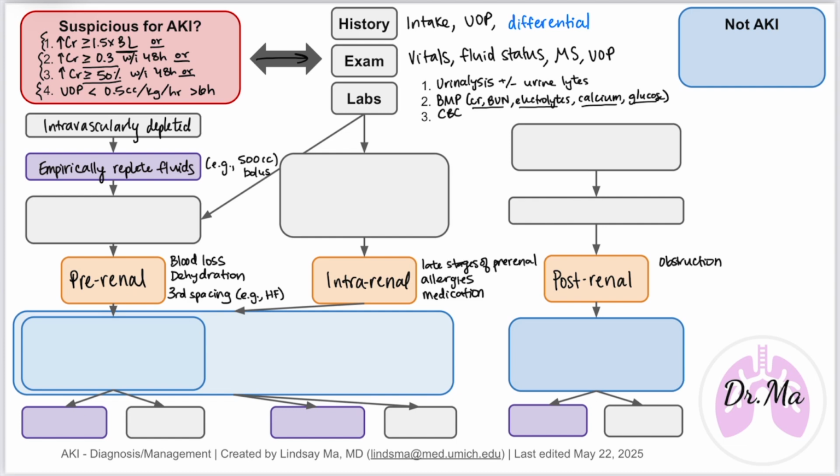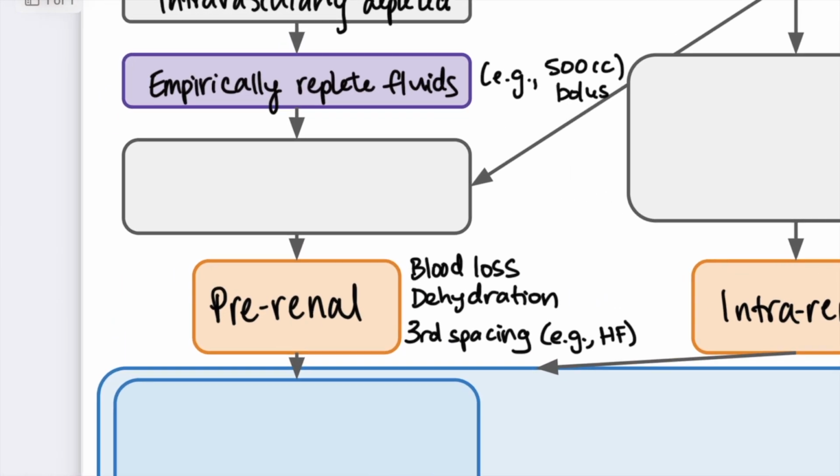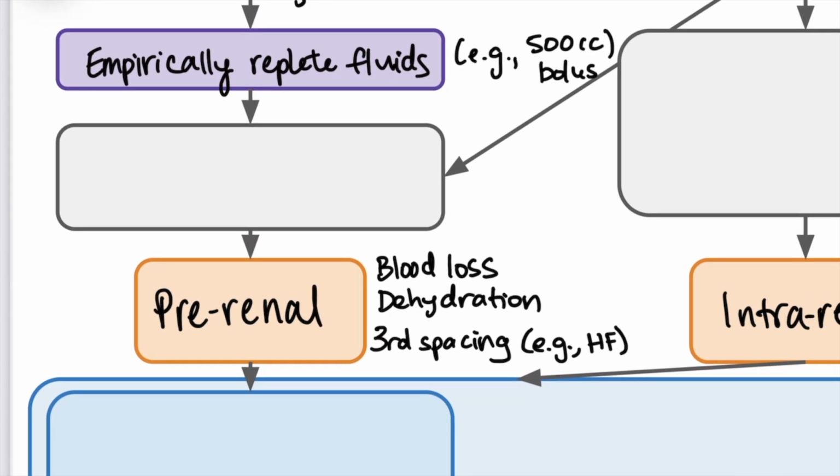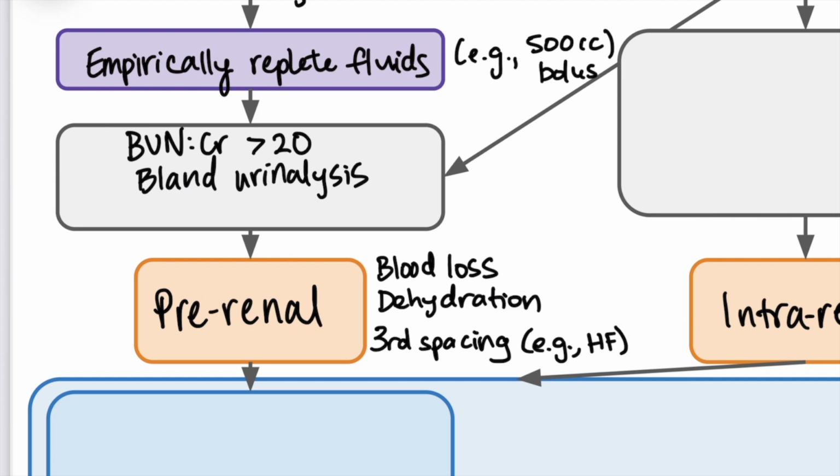All right, so now that labs are back, what kind of BUN to creatinine ratio would we expect for patients with prerenal AKI? Typically, we expect a BUN to creatinine ratio greater than 20. However, this is not a hard and fast rule. If you look at their urinalysis, you might see bland results. And this would be because there's no bacteria or blockage or toxin to cause bleeding or white blood cells or pathogens.